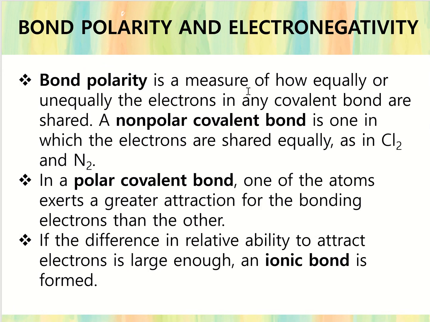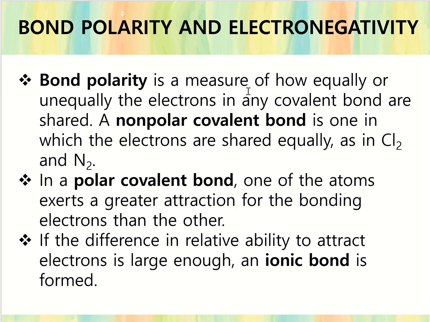In a polar covalent bond, one of the atoms exerts a greater attraction for the bonding electrons than the other, right? And so if the difference in relative ability to attract electrons is large enough, that's how we get an ionic bond, right? So we're going to go a little bit more into this, but the idea here is that when you have 2 elements bonded together, we have to look at how they relate to each other.